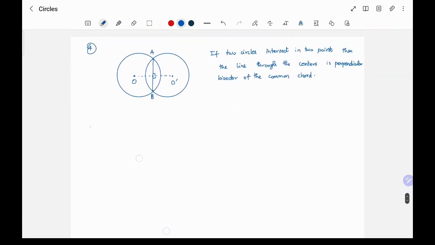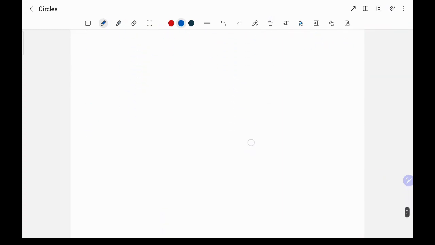Okay, next property is: equal chords of a circle are equidistant from its center.